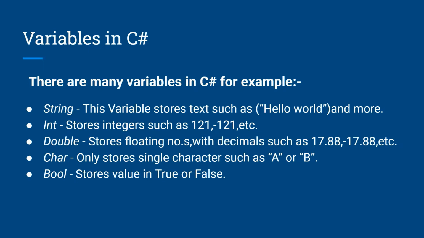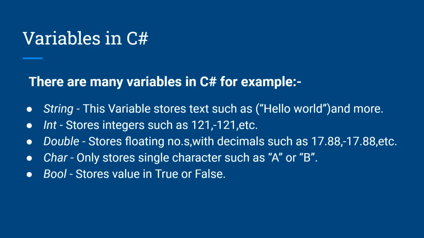Now the next one is the int. Int is used for storing integers such as 1, minus 1, etc. You all must know what integers are: they are positive or negative numbers. In int, you can't add decimals like 17.88 or 16.88, so we have a separate one, that is the double.